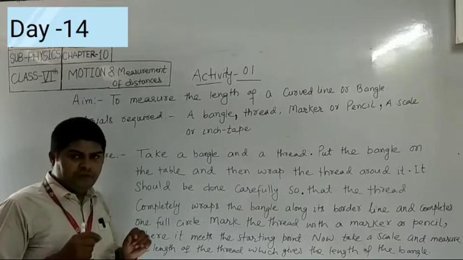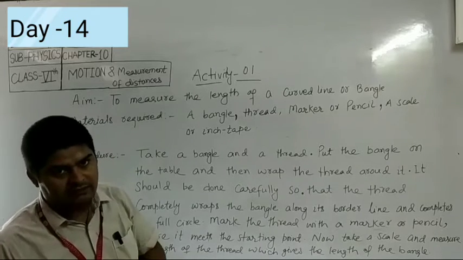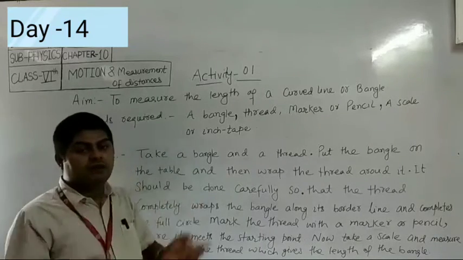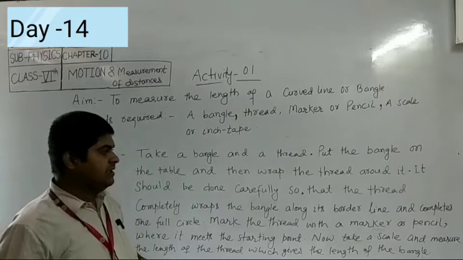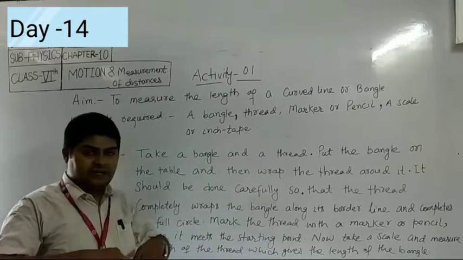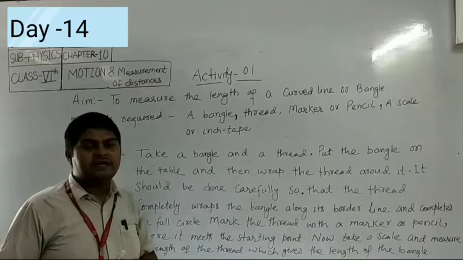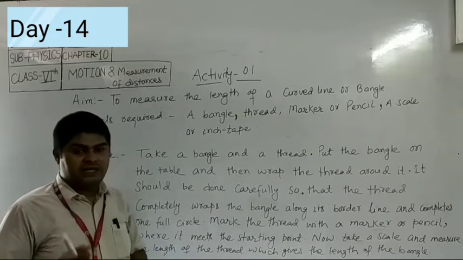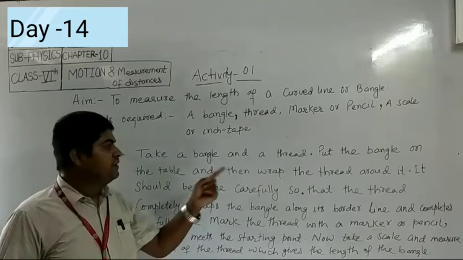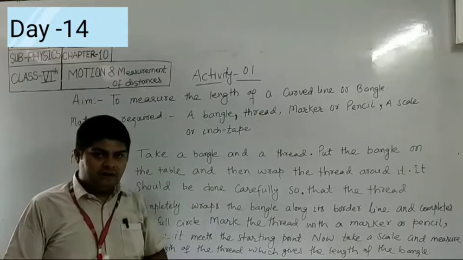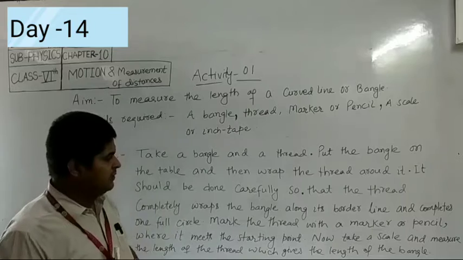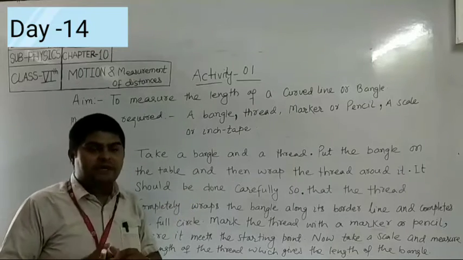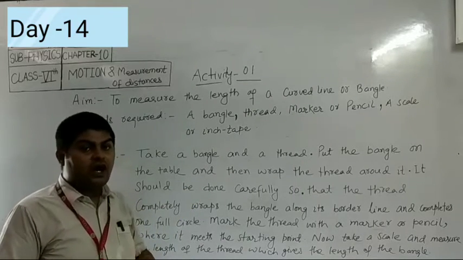That means you will wrap the bangle with the thread on the outer side, not the inner side. If you wrap on the inner side, it will give the inner length of the bangle, but here you want to find the outer length of the bangle. So you will wrap the bangle with thread outside.